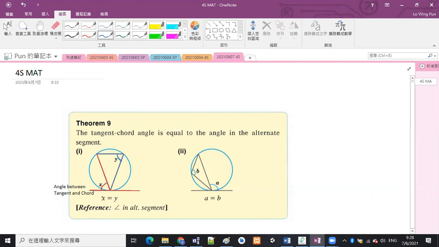Then these two angles will be equal to each other. So this is the angle at circumference looking at that chord. Then this y will be equal to that x.